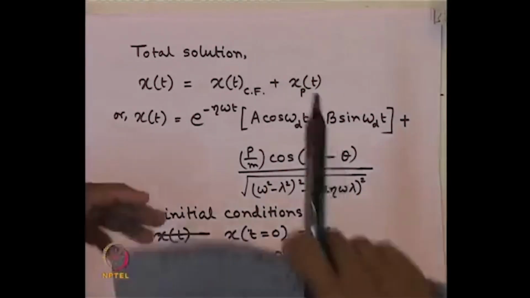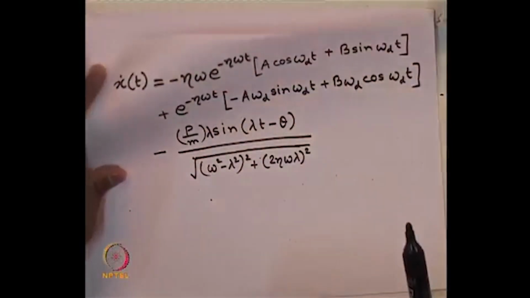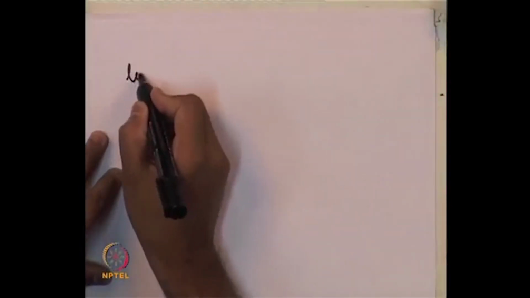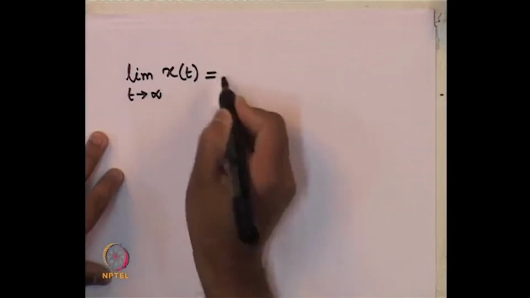So, in other words, if we want to know the response for a longer duration for the system, if I want to write the limit t tends to infinity of x of t, how should it look like?